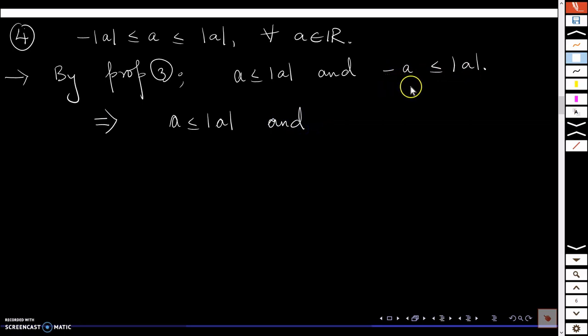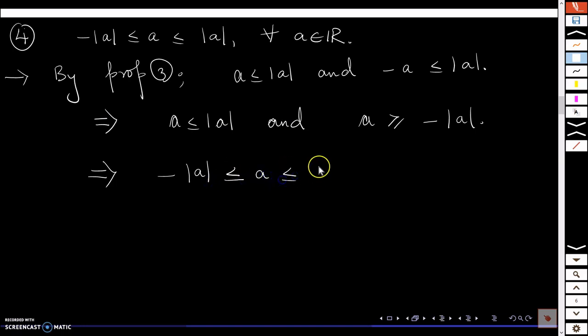Because I'm multiplying by a negative on both sides, the inequality is going to reverse, and minus 1 into minus A will be A, and this will reverse to bigger than or equal to minus of modulus of A. Now if I read it from here, minus of modulus of A is less than or equal to A, and A is less than or equal to mod A. So if I combine both together, I can write this as minus mod A is less than or equal to A, and that is less than or equal to mod A. And this is going to work for every real number A. So this is the fourth property of absolute values.